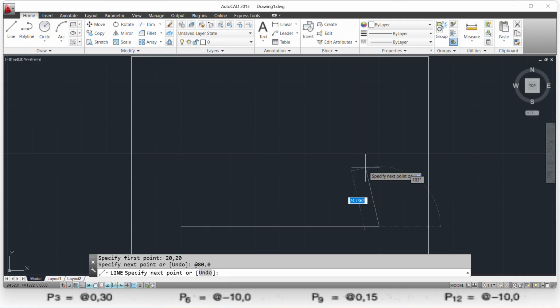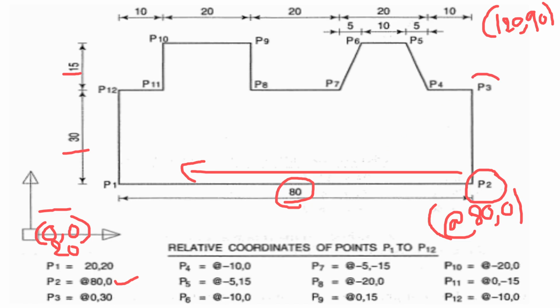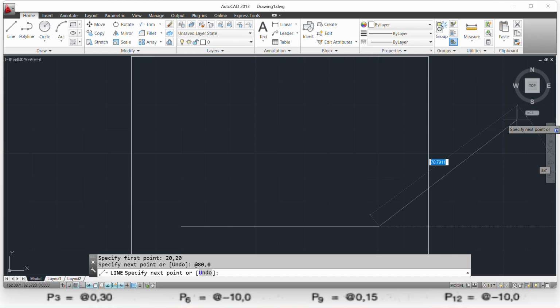Next we have the P3 point. P3 is at a distance where the x value is 0 and the y value is positive 30. So P3 is @0,30.